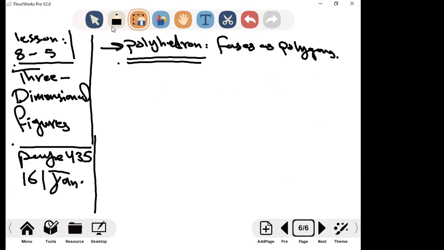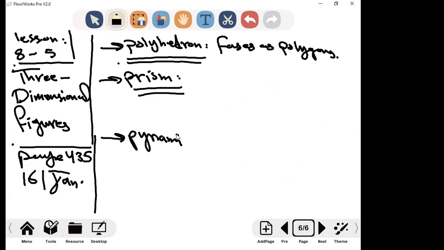Prism. What is the prism now? Focus with me, please. Prism. And we have what? Pyramid. We took that before, right? We took pyramids, prism. Let's remember them together.